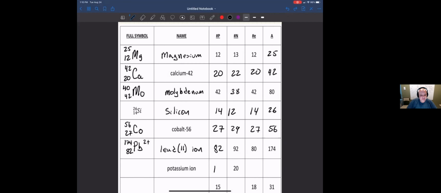Next up, potassium ion. Because it's potassium, I know that it's 19 as for the number of protons. And because it's potassium ion, again, from my nomenclature, I know that potassium will form a +1 ion. That means it's got one less electron. So it has 18 electrons, not 19 electrons like it would in the neutral substance. It's the ionic substance, so it has 18 electrons.